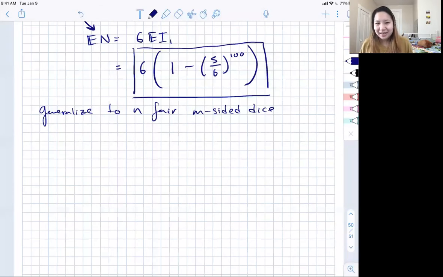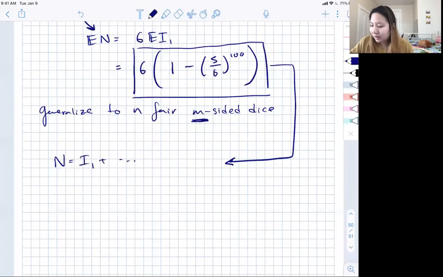And just like you can match up this logic exactly. So this time we're going to have M indicator variables because they represent each of the faces. So N is going to look something more like I sub 1 plus ... plus I sub M.